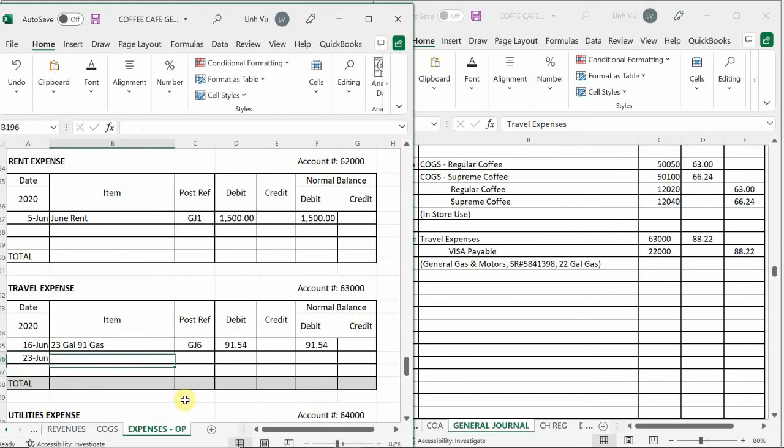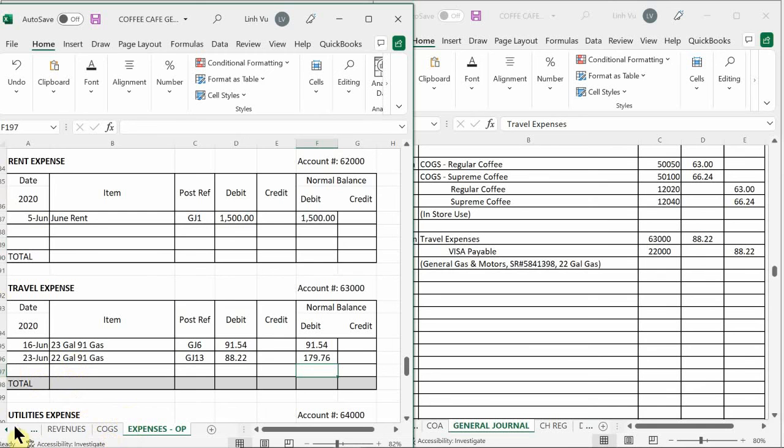Travel expenses, the 23rd, for 22 gallons of 91 gas. Oh, nope, it's 13. Okay, for $88.22. So you spent a total of $179.76 on gas.